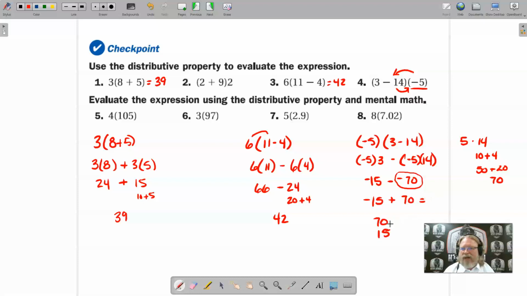What I'm doing mentally is I'm doing 70 minus 15, and I'm thinking of 15 as 10 plus 5. So 70 minus 10 is going to be 60, minus 5 more is going to give me 55. So my answer would be 55, and the 70 has a greater absolute value than the negative 15, so the positive is going to win out, so my answer is a positive 55.